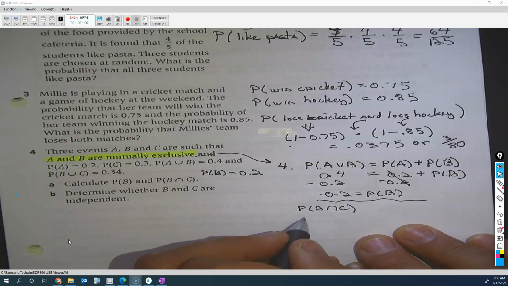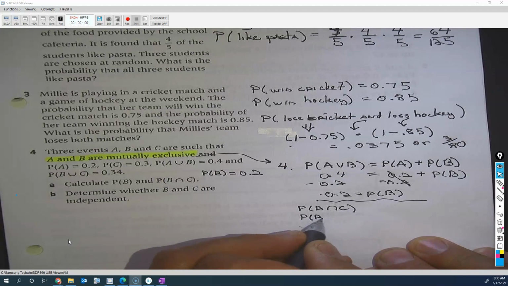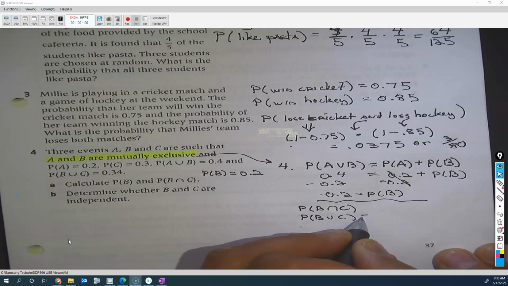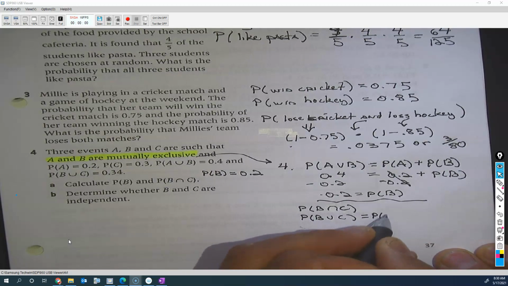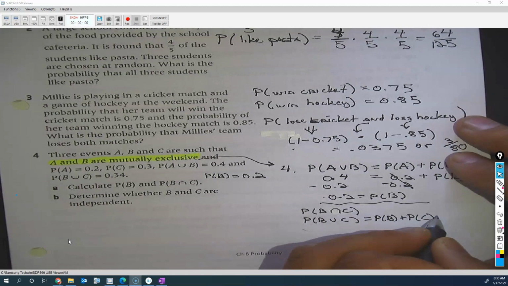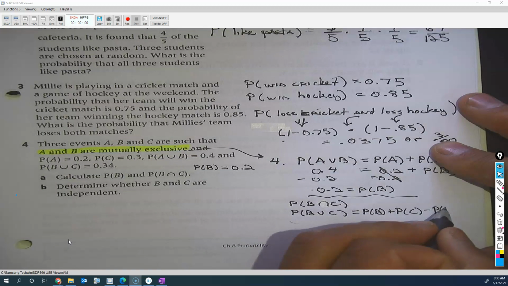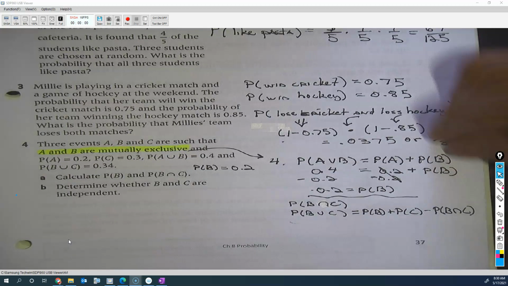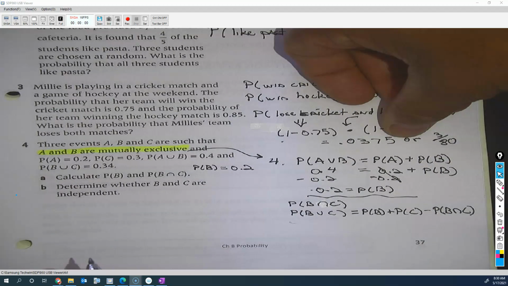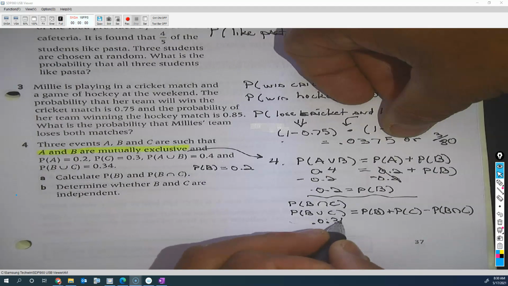All right, so you know this: the probability of B union C is equal to the probability of B plus the probability of C minus their intersection. So you just plug in the numbers. This is 0.34.